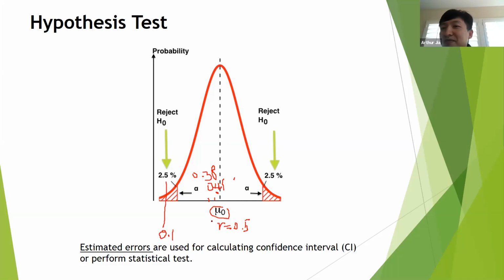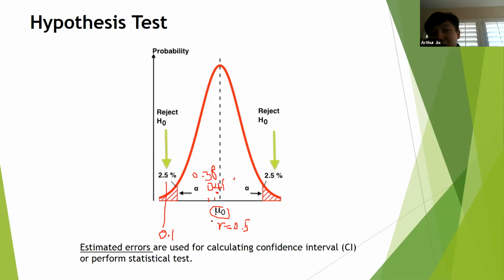What does that mean? If you did an experiment that gives you 1,000 progeny, and you classify these 1,000 progeny into two categories, parental and non-parental, and you use that ratio to calculate R hat, and that R hat is equal to 0.1, what do you think?